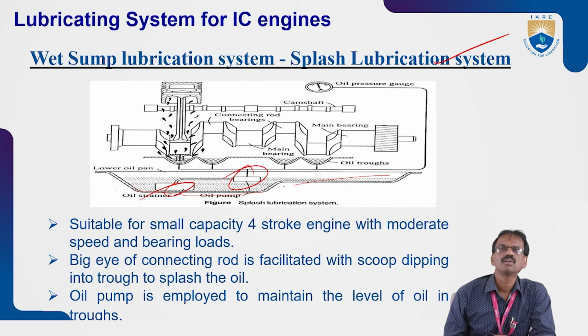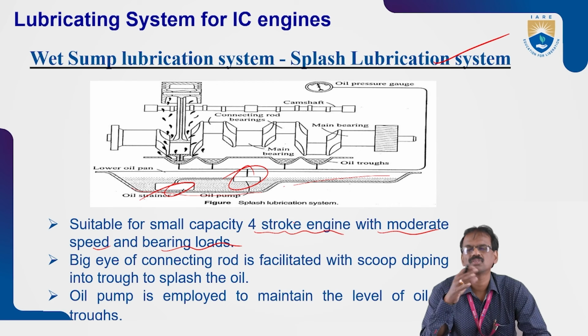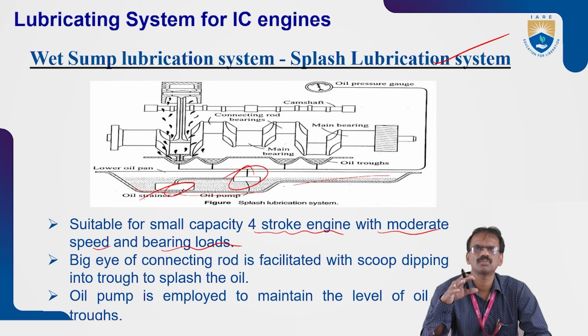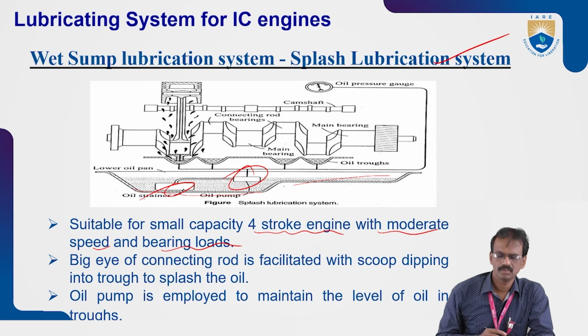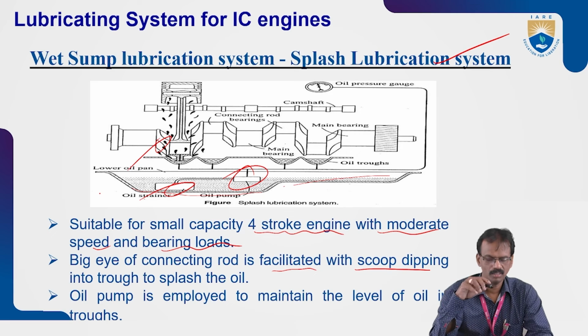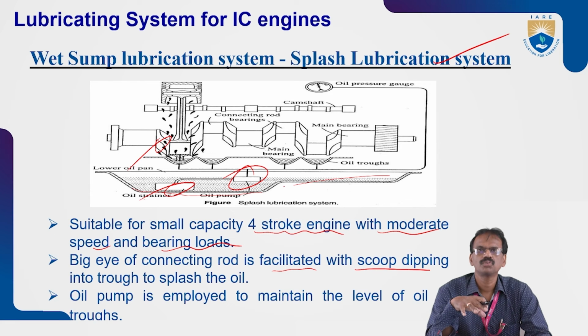This is suitable mainly for small capacity four-stroke engines with moderate speed and bearing loads. The big end of the connecting rod is provided with a scoop, dipping into the oil to splash it.